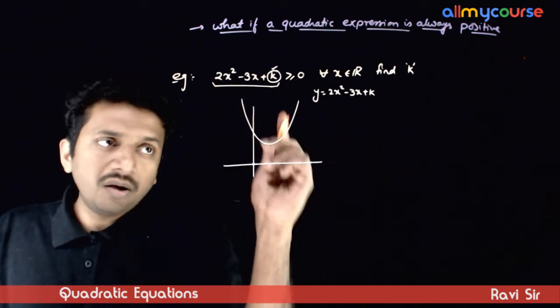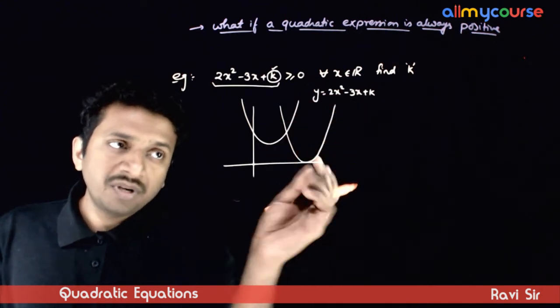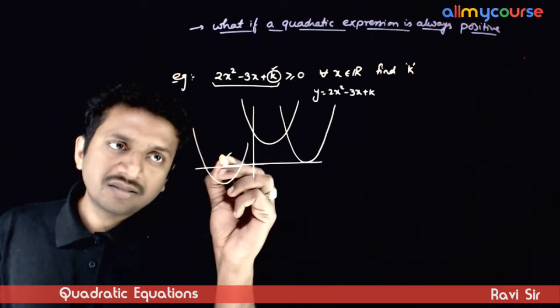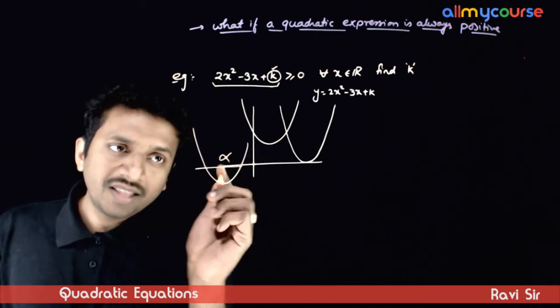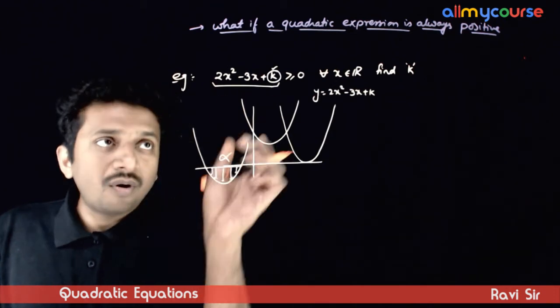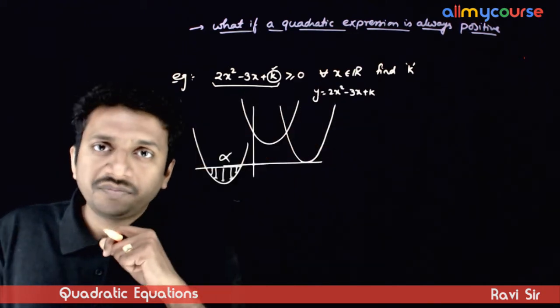So you have an equality also. So the graph can at a maximum come this much lower. It cannot go like this, because if it goes like this, then at some points the value of y is negative. I want the value of y to be always greater than or equal to 0.